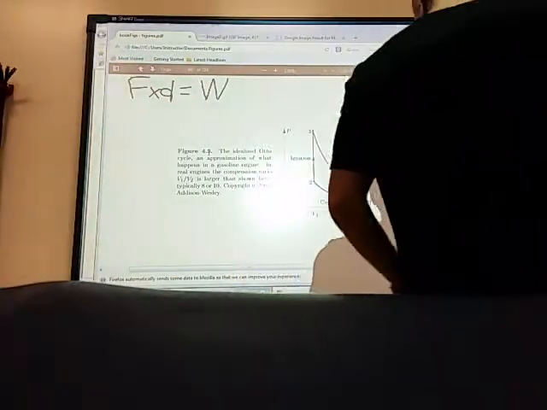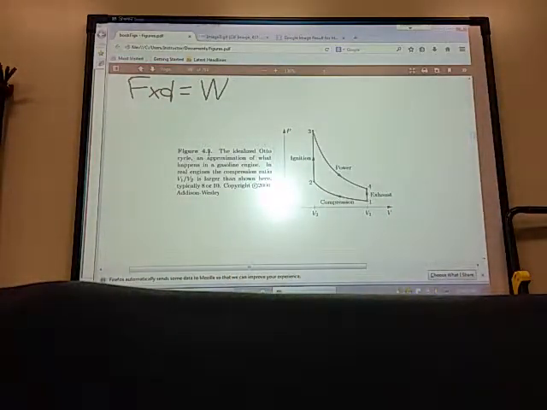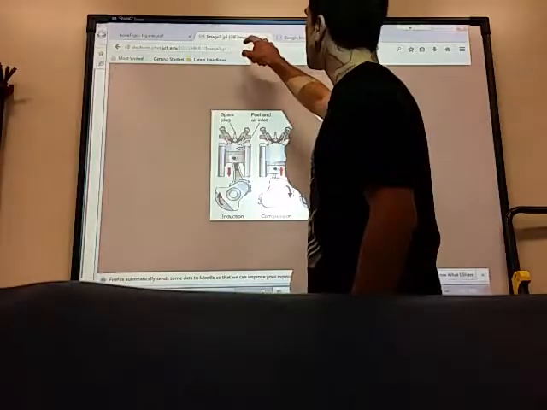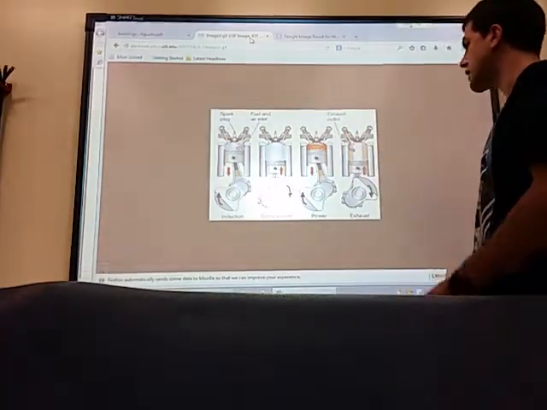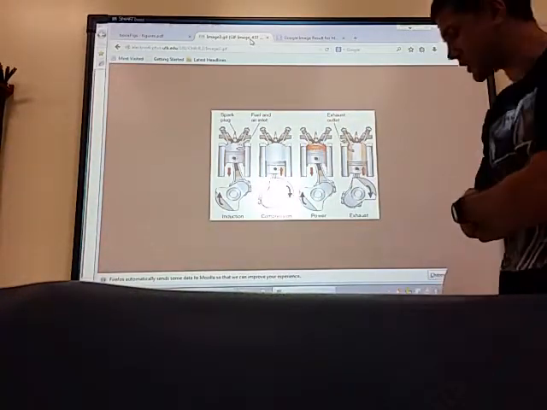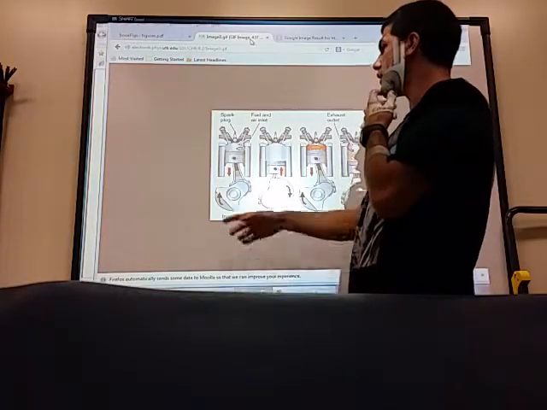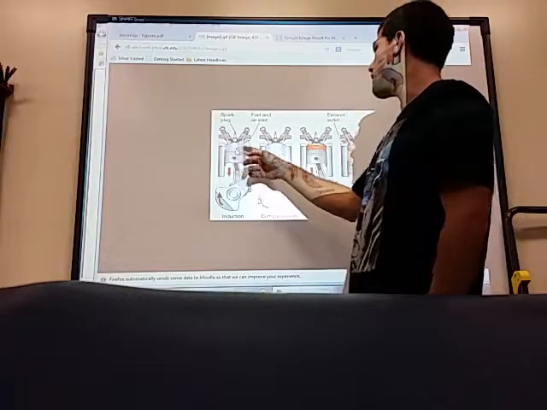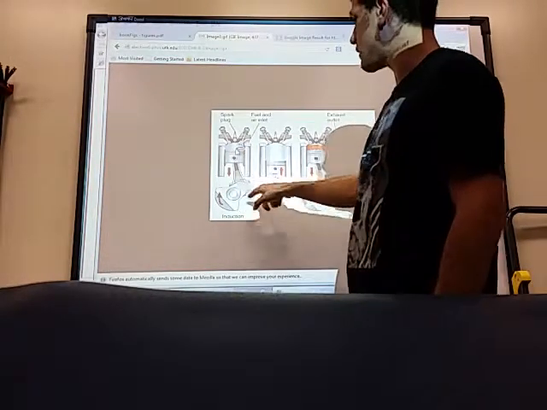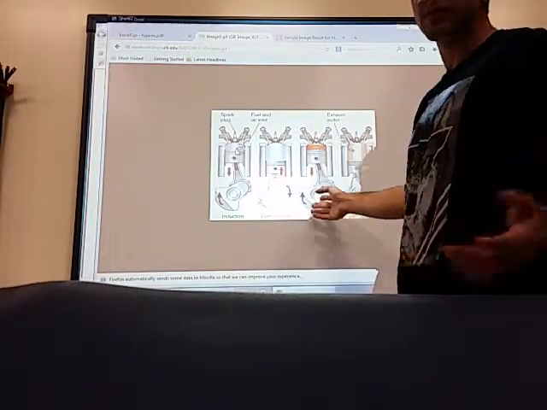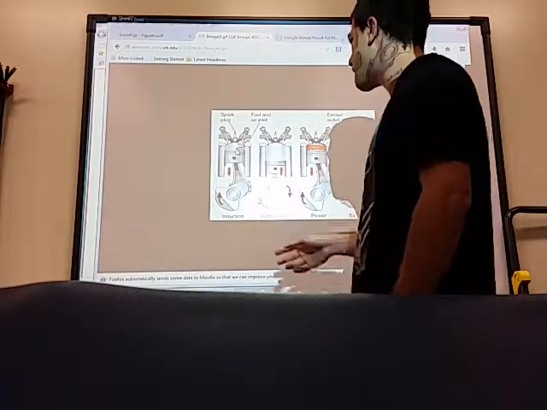So, the first thing we're going to be looking at today is the combustion engine. The cycle of a gasoline combustion engine looks like this: you have your compressed engine, it expands, so this is turning the entire time because that's what the engine is designed to do.